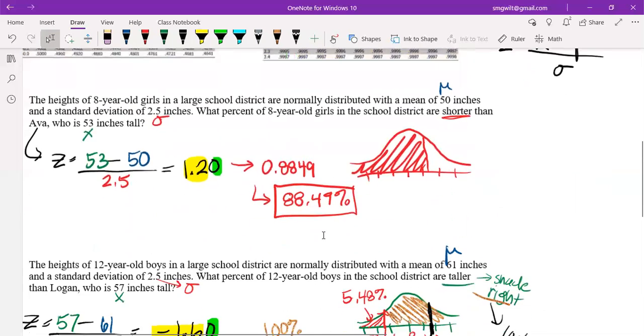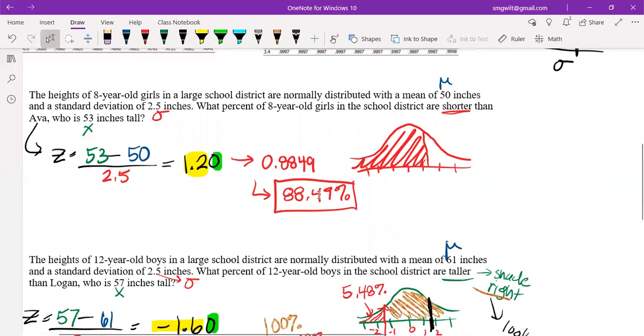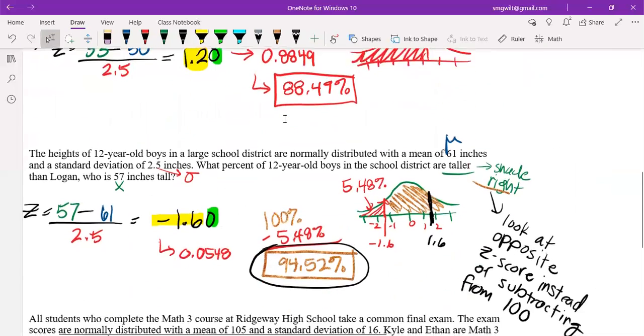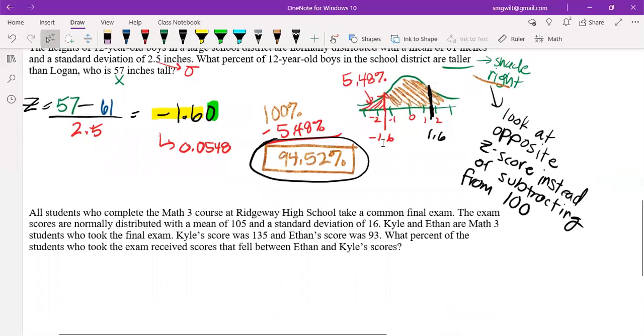I would get that same value if I did 100 minus 88%. So that's just a shortcut. He'll talk about it in the next lesson, so if you want to use it, you can.